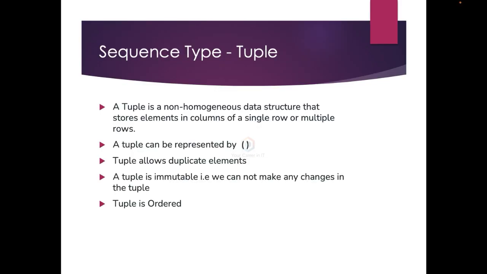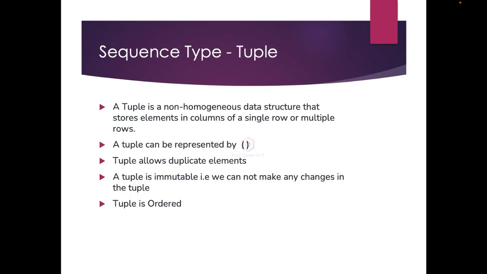Okay, the next subtype of sequence type is a tuple. A tuple is a non-homogeneous data structure that stores elements in a column of a single row or multiple rows. So all types of data are stored in a single column, or in a single row or multiple rows. A tuple is represented by round brackets. A tuple allows duplicate elements as well.